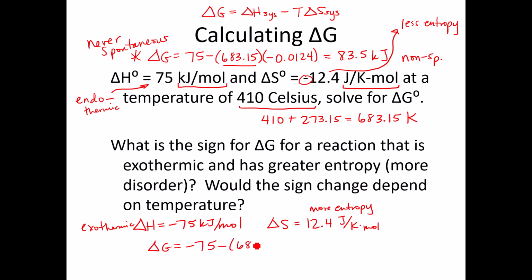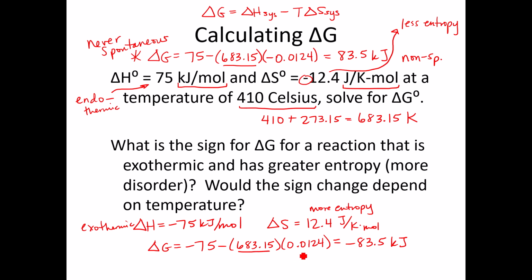even at the same temperature we had before, I can see that this is going to give me a negative value. And a negative delta G would indicate spontaneous. And no matter what temperature I put in, I'm going to get a negative delta G because I have a negative number subtracting even a larger number.